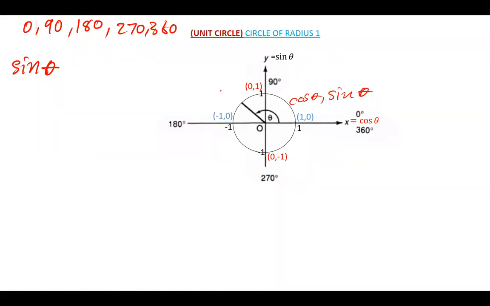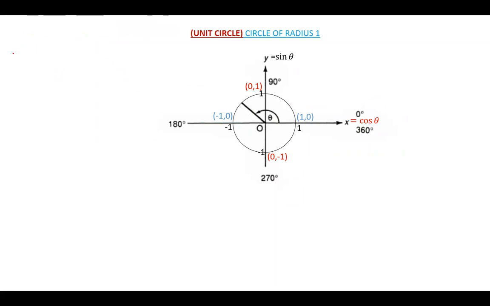If, for instance, they ask you to find sine 0 degrees, sine 0 degrees is simply going to be equal to, you look at these coordinates here. This is where we have our 0 degrees. At 0 degrees, we have these coordinates, which is 1, 0.